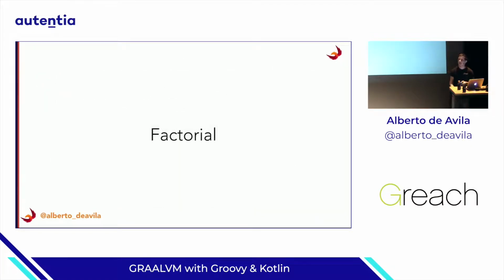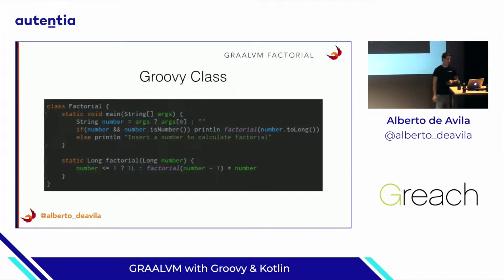So let's see a simple problem like Factorial. And how can we solve it with Groovy and Kotlin? The first way I tried to solve this problem is using a Groovy class. As you can see, this Groovy class has a main method that receives a number by parameter, and if the thing received is a number, it calculates the factorial and prints it to the console.